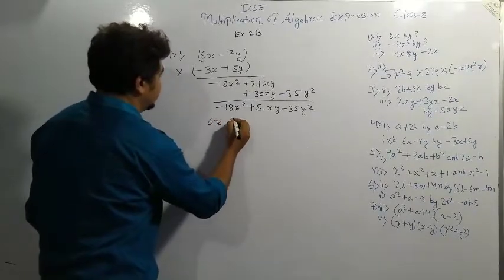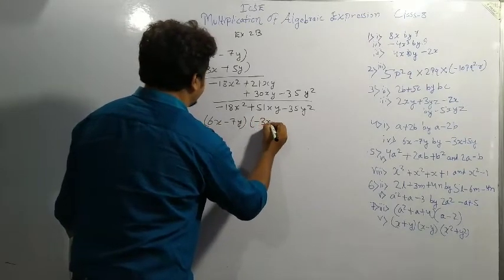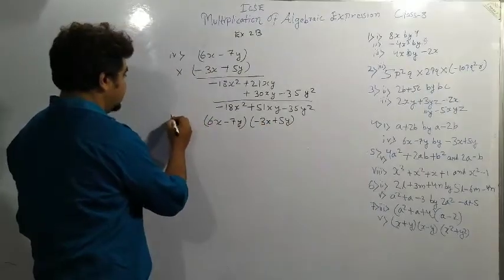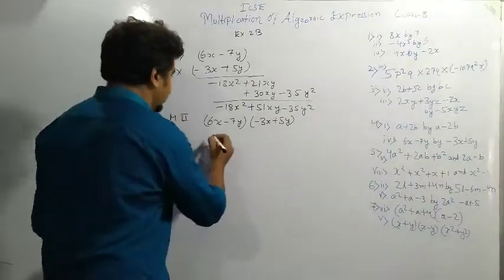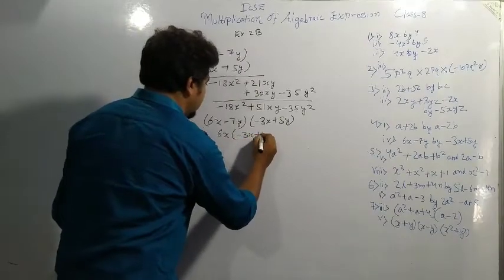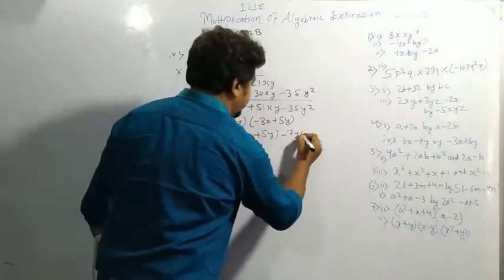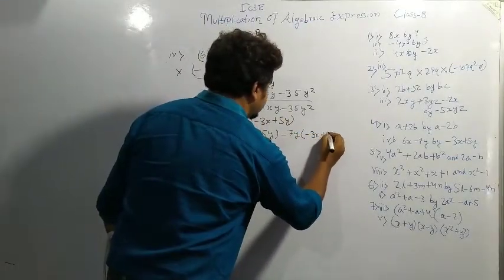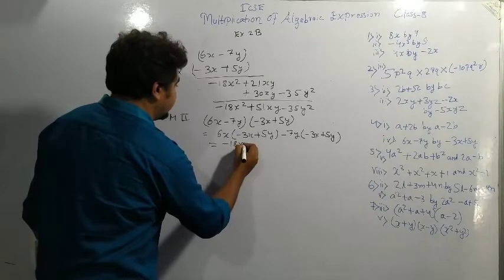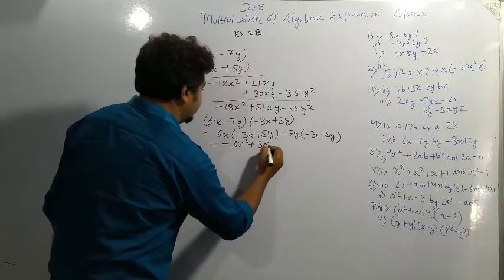6x minus 7y, and it is multiplied with minus 3x plus 5y. So this is method 2, the method which I have told earlier. 6x into minus 3x plus 5y, and then minus 7y, the second term, into minus 3x plus 5y. 6 into minus 3 is minus 18x square. 6x into 5y is 30xy.